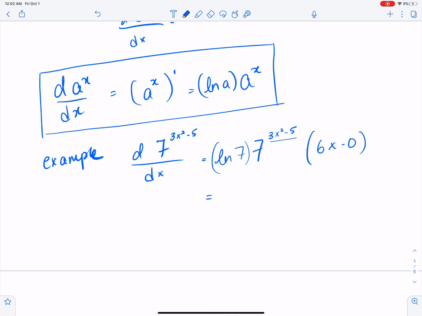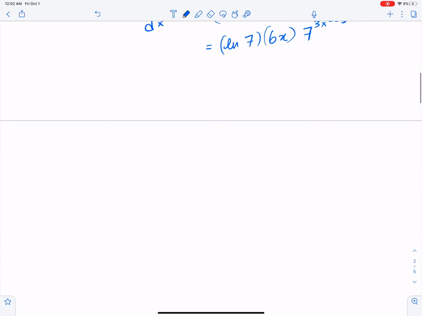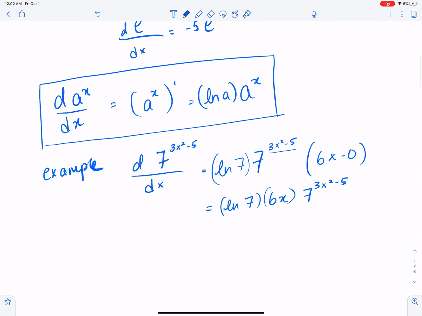So it is log 7 times 6x times 7 raised to 3x squared minus 5. Okay, so that was just a simple example of that. Maybe not the simplest, one step up, which is using the formula along with the chain rule.